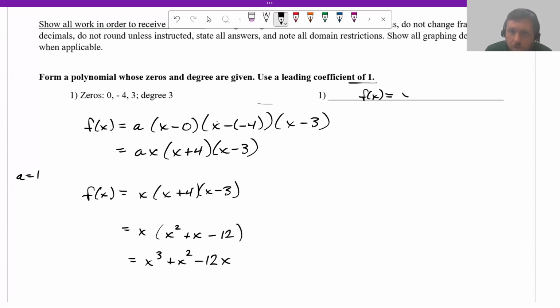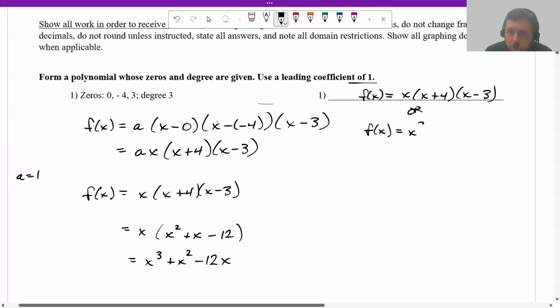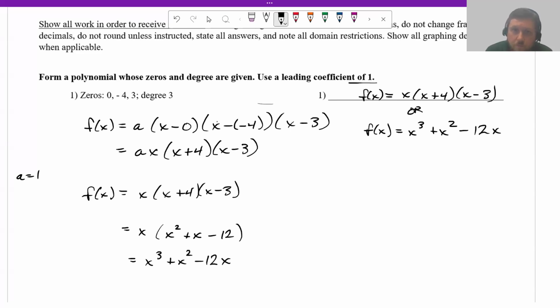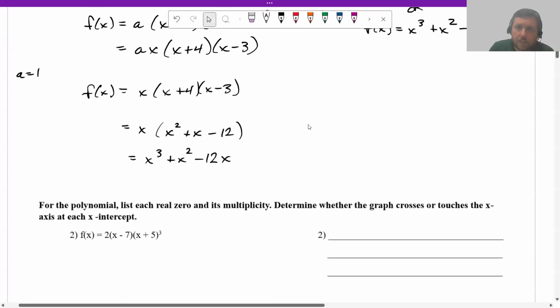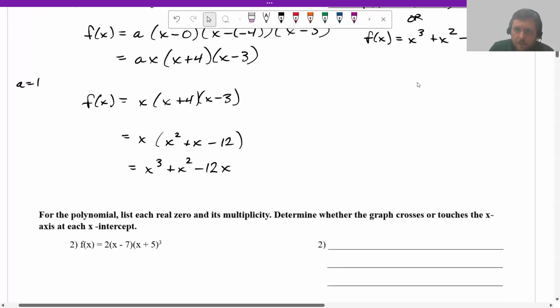Of course, if you leave it in factored form, then there's less of a chance of you making a mistake when you're multiplying it out. But if you're used to doing it the way you did it in the homework, then that's fine too. The answer key, I think, only has the one way.